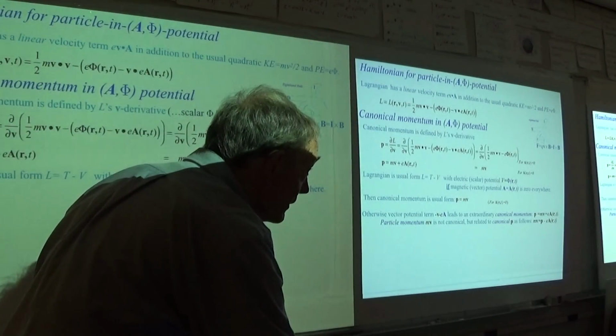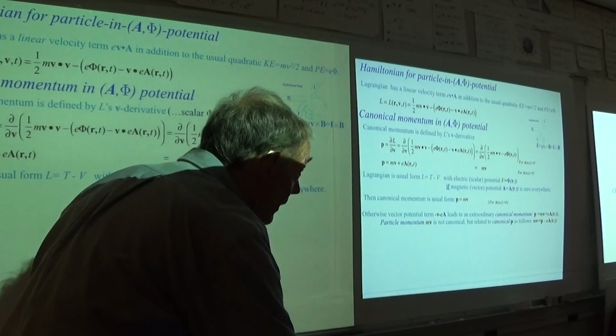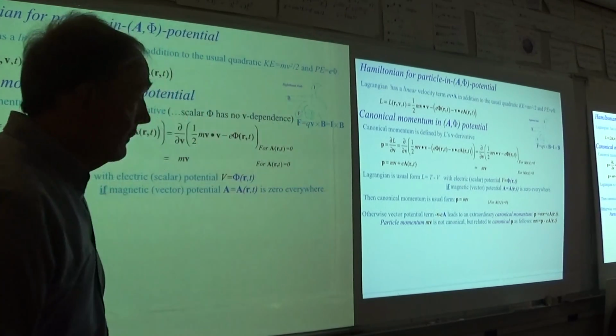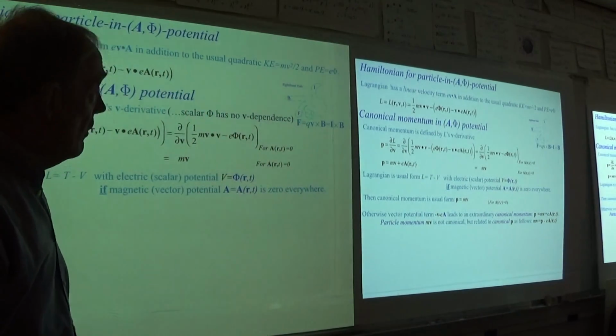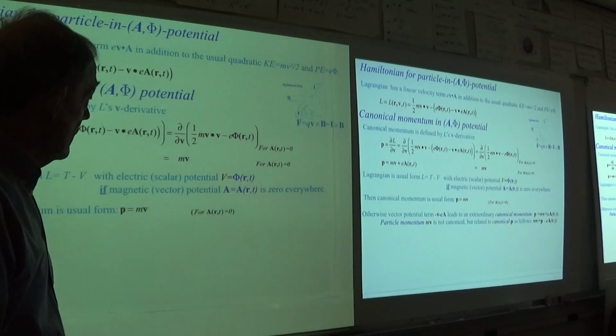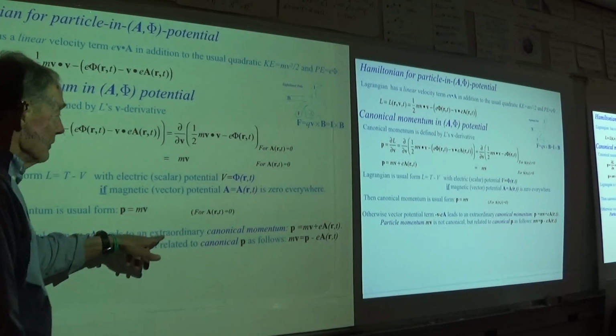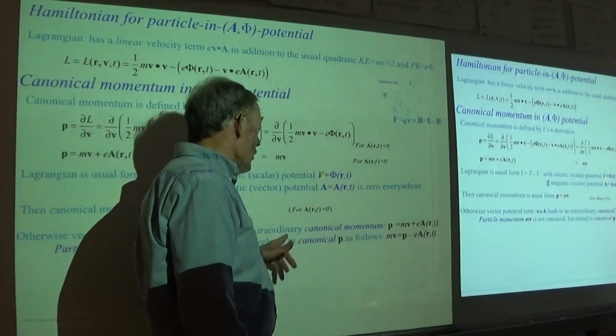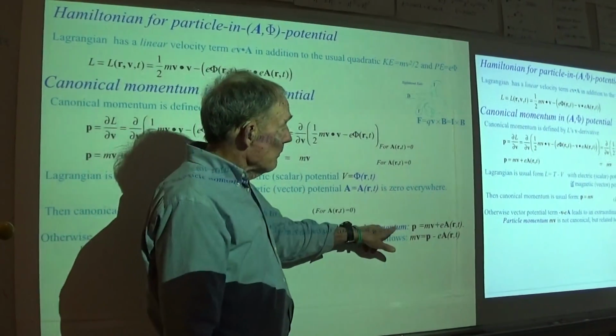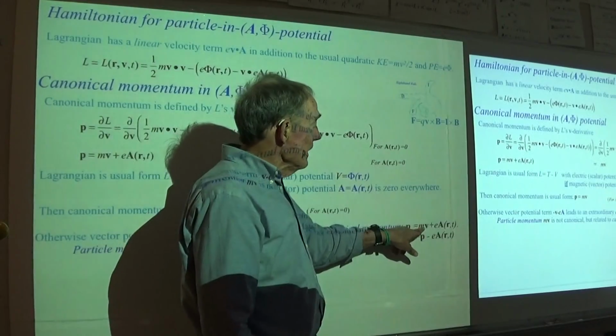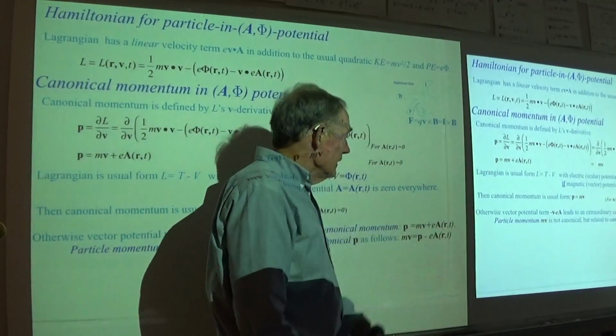And I'm going to go ahead and just finish this one and talk about what it is that we can call these things that we're writing down here. Okay. A not zero leads to what I would call extraordinary canonical momentum. That is, P is mv plus VA.